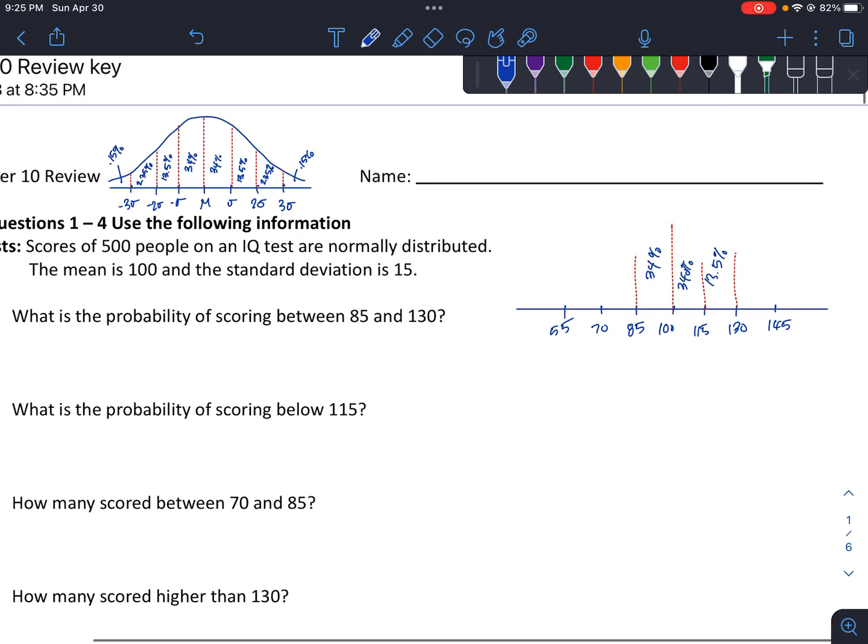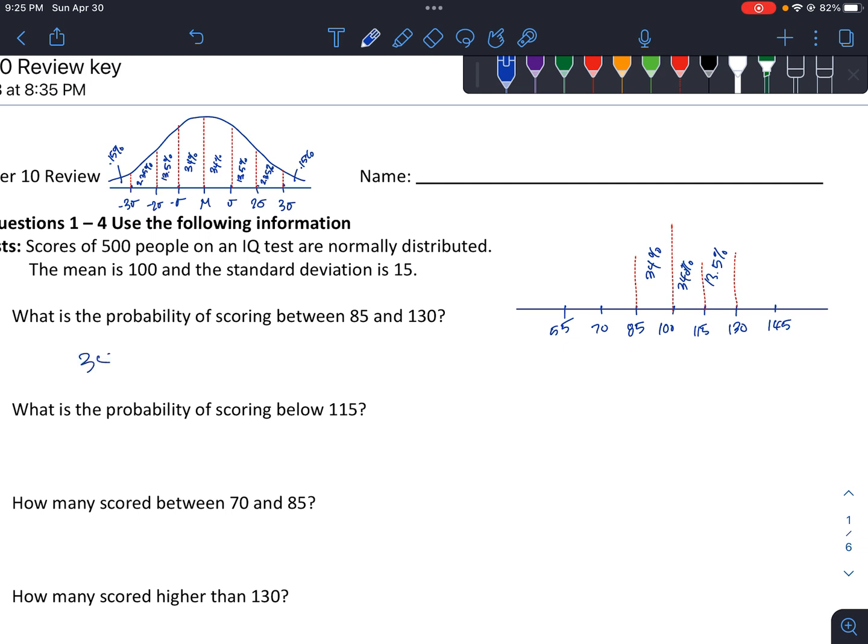So we're just going to add those up. 34 and 34 is 68, and then you add 13.5 to that and you get 81.5.